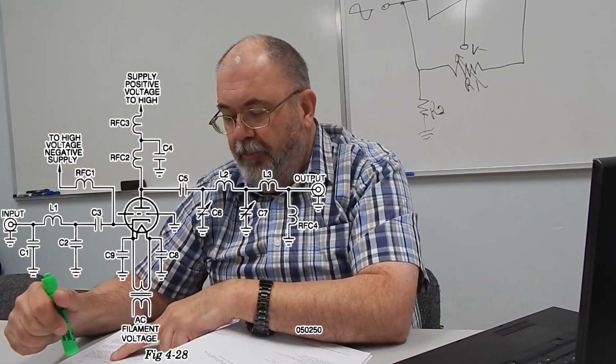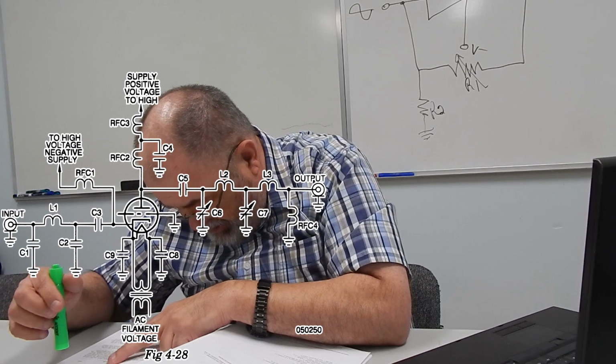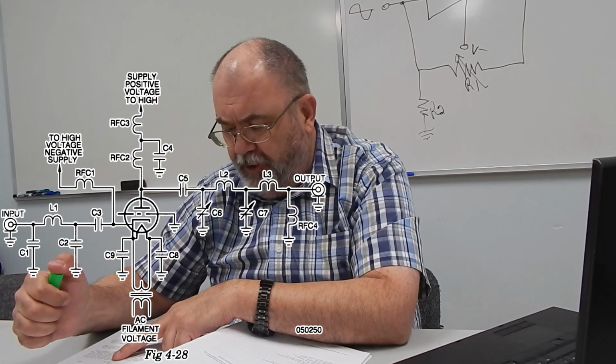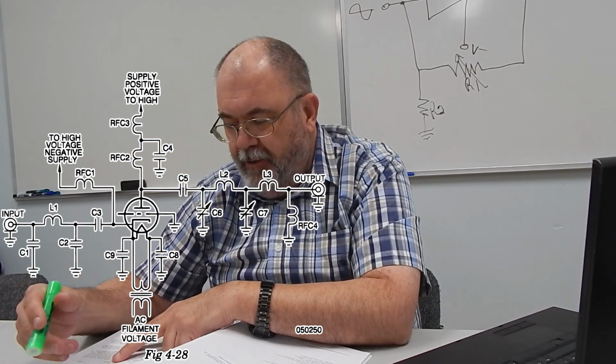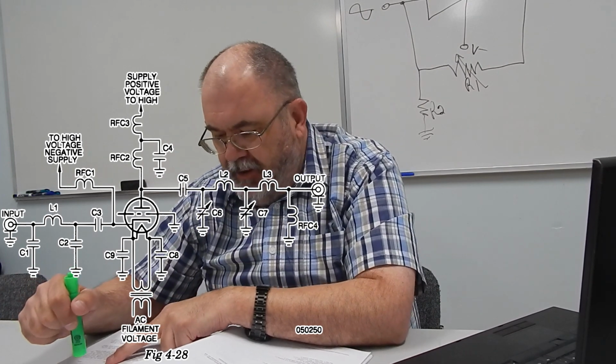But you can see that the filament down there is tied in, and they've got C8 and C9 tied across the filament and all kinds of stuff like that. So that part down there is just simply to light up the tube. That's the thing that gives it its lovely glow, its warm appeal.